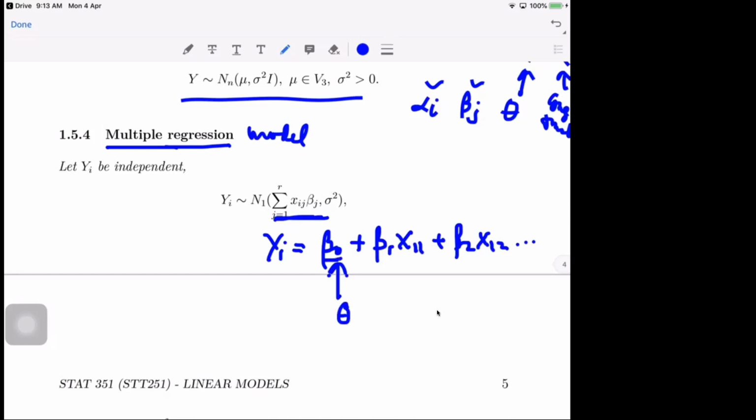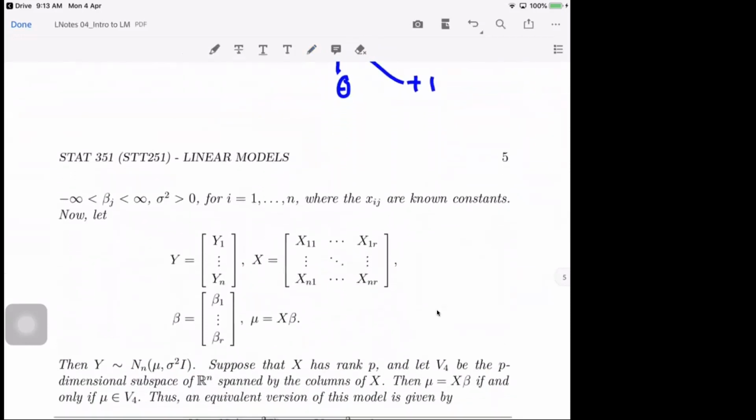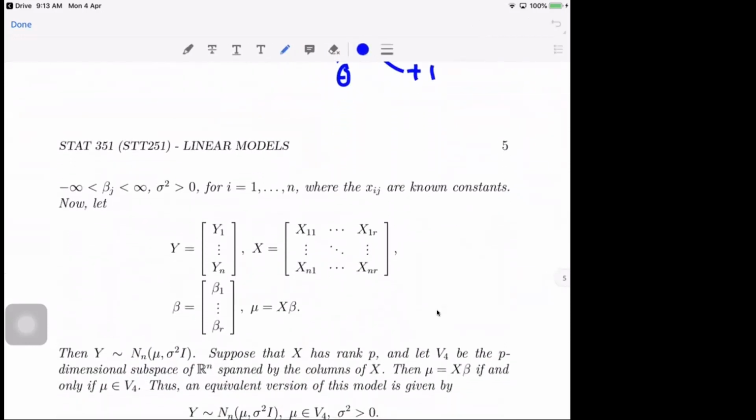So here, if you look at the dimension, you have to add +1 to take care of the intercept, or the beta null. So you will have something like this.